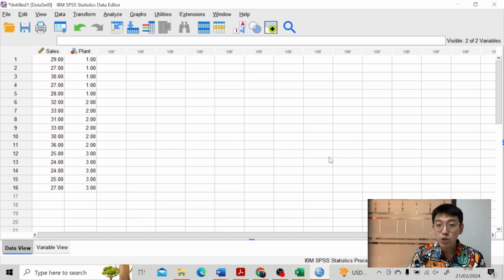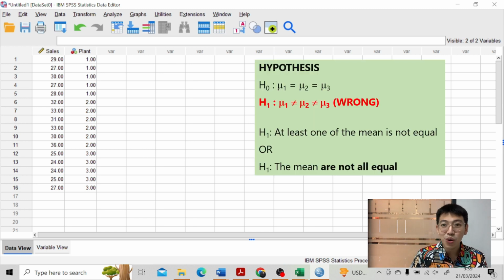Alright, since the question is whether there is any difference in the mean sales of 3 groups, the hypothesis will be like this. H0 will be mu1 equal to mu2 equal to mu3. For H1, you cannot write mu1 is not equal to mu2 is not equal to mu3. Cannot. Because it means that all the means have to be different.